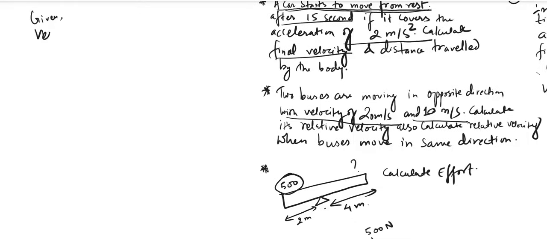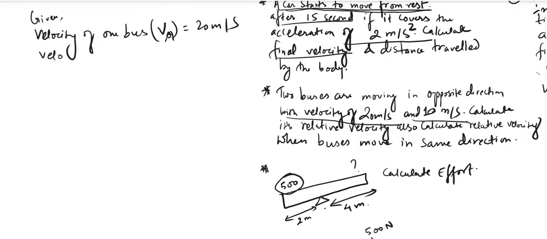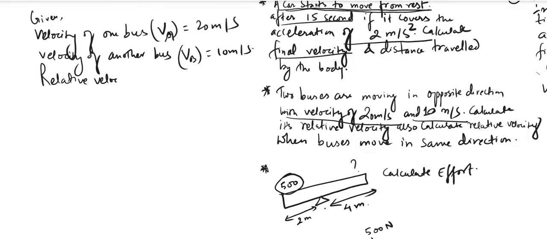It means velocity of one bus, we can give the notation VA is equal to 20 meter per second, and velocity of another bus VB is equal to 10 meter per second. So relative velocity VAB is equal to what?